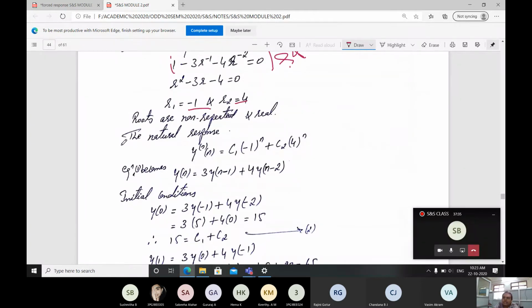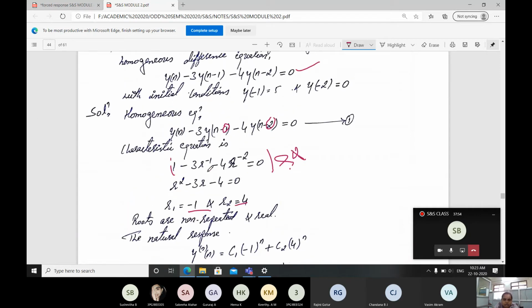Therefore, the natural response yn of n is equal to C1 into r1, that is minus 1 power n, plus C2 into 4 power n. Equation 1.